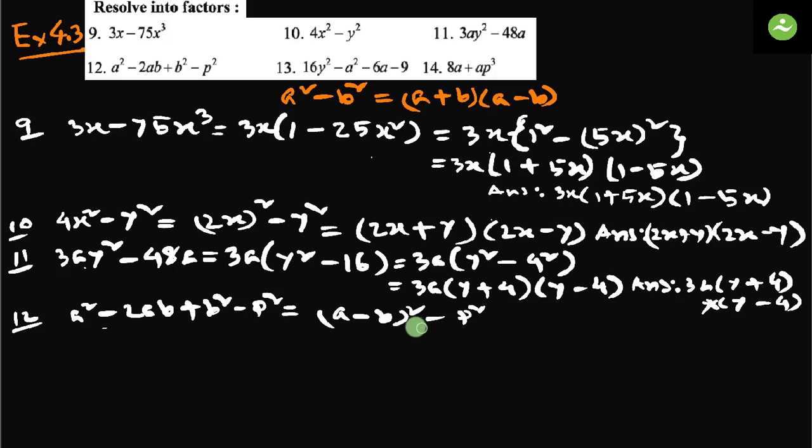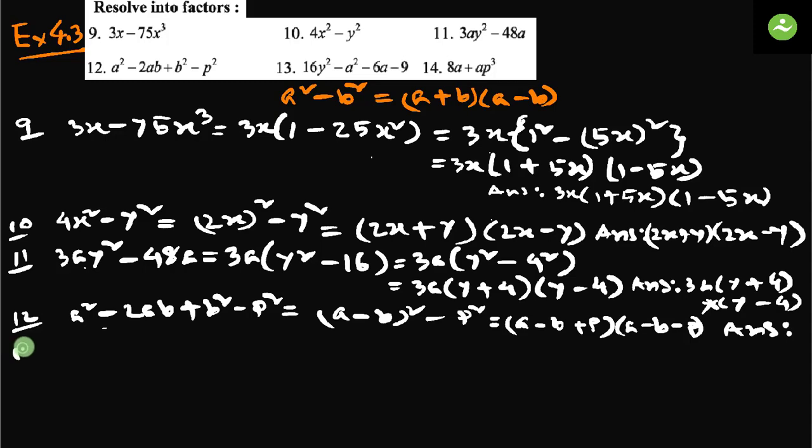Now this is looking like the a square minus b square form, which is a plus b into a minus b. Here a is a minus b and b means p. So a minus b plus p into a minus b minus p, and that's the answer.